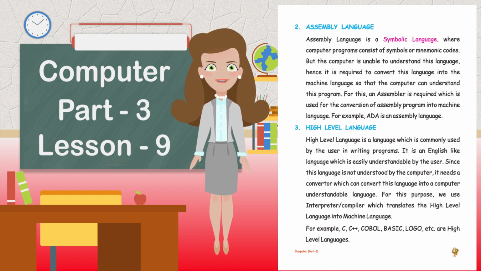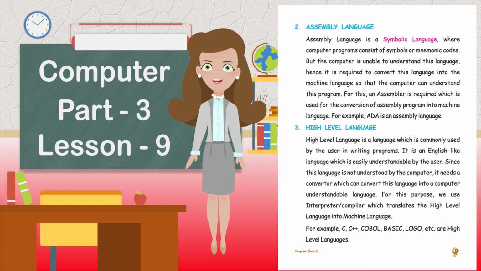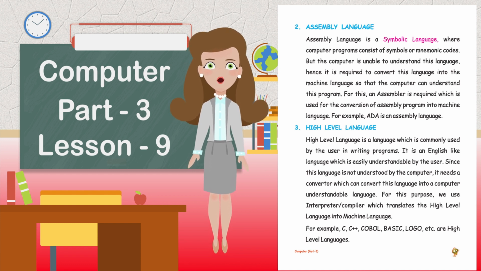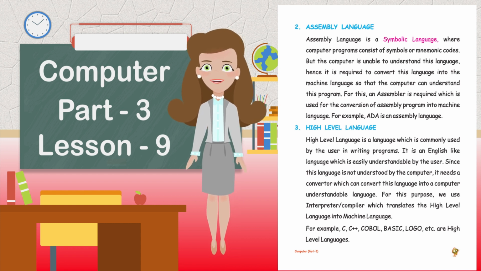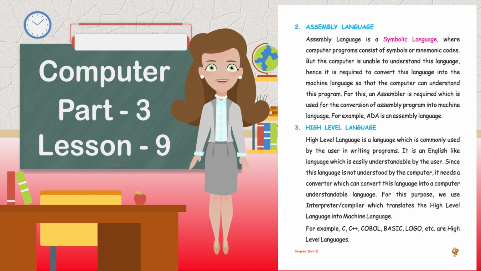Third, high-level language. High-level language is a language which is commonly used by the user in writing programs. It is an English-like language which is easily understandable by the user. Since this language is not understood by the computer, it needs a converter which can convert this language into a computer understandable language.